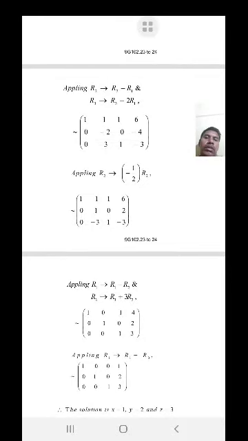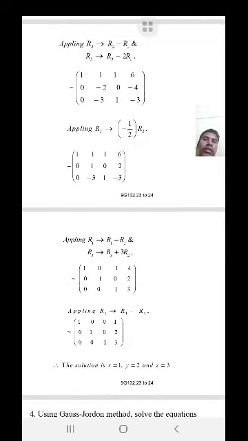Applying R2 gives R2 minus R1, and R3 gives R3 minus 2R1. Then we have 1, 1, 1, 6, 0, minus 2, 0, minus 4, 0, minus 3, 1, minus 3, and applying R2 gives minus 1 by 2 into R2.